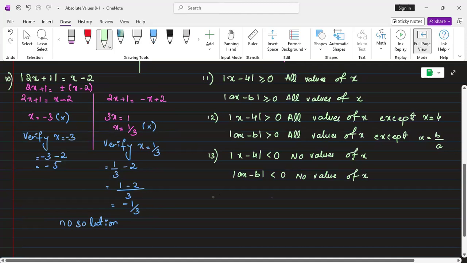Now, for the fourth condition, x minus 4 to the whole square is less than equal to 0.